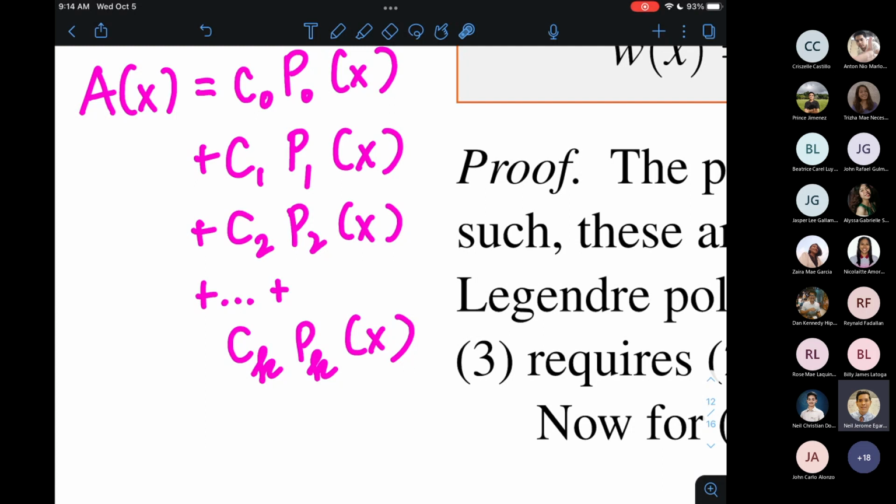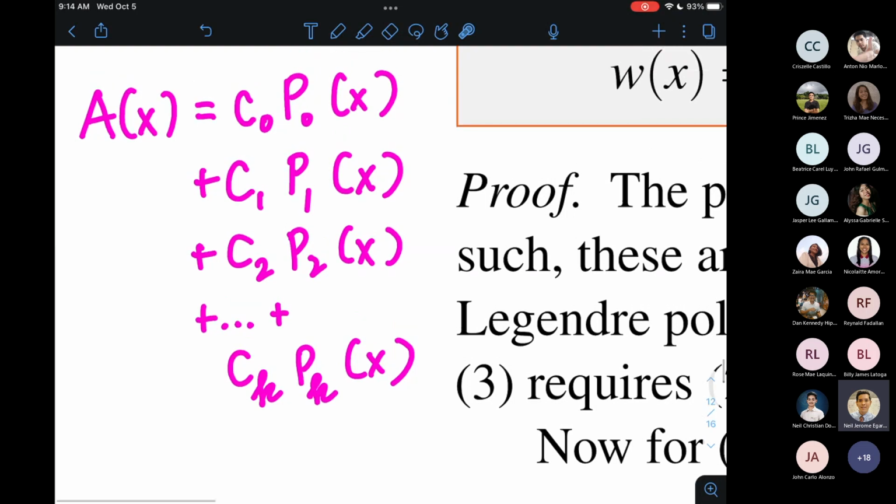Sa vector spaces naman, dahil hindi tayo nagmo-multiply ng mga vectors in general, nagtitake ng scalar products saka addition ng vectors, yung analog niya, paano natin dina-decompose o sinisimplify yung pagkakasulat ng isang polynomial or isang element ng vector space, that is via a linear combination. Alright? So kaya ganito, lahat ng polynomial may gantong expression. Kaya mong isulat in terms of the Legendre polynomials. Okay?